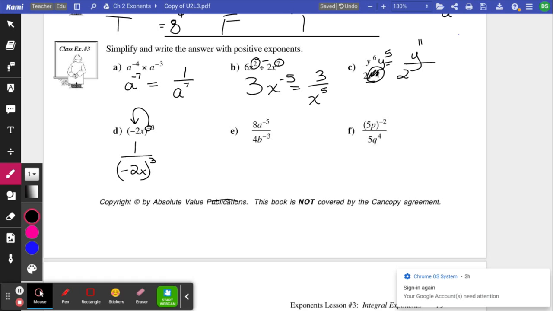Put it downstairs. Put a 1 over top. Yeah? Now you need to finish. How do you know when to put it downstairs? Whenever there's a negative exponent that applies to the entire base. Whatever the negative exponent applies to, move that stuff downstairs. Okay, so if I wanted to finish this, could I cube all of this? What would you get? -8x cubed.